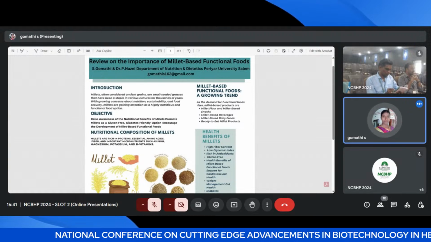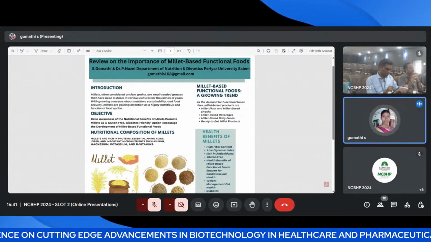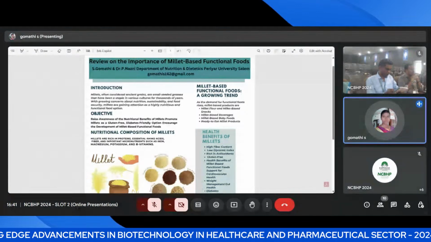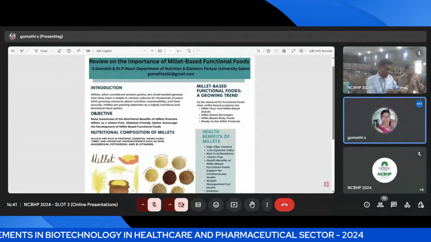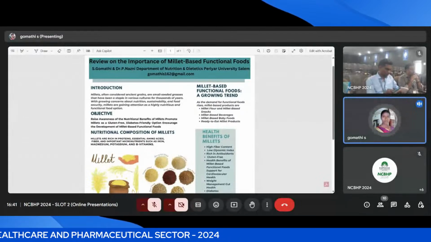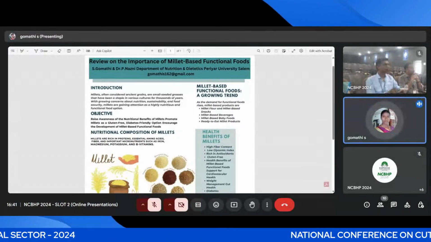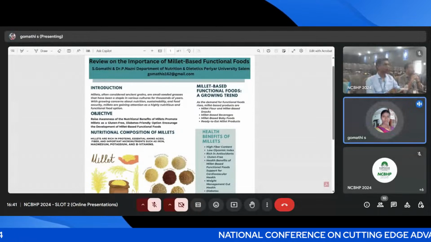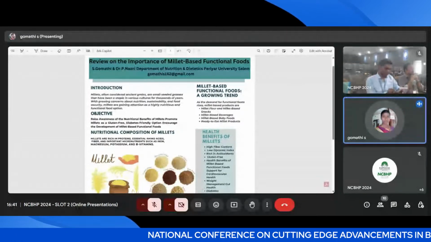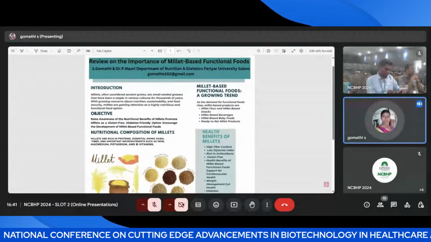Millet can be used to create health beverages such as millet-based smoothies, porridge, and energy drinks, which are often fortified with additional nutrients. Due to their high nutritional value and easy digestibility, millets are becoming a popular ingredient in baby food formulation.